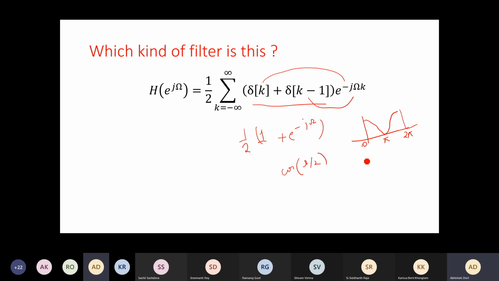Yeah. So at low frequency, the magnitude is high, and as frequency increases, it decreases. Okay, yes, I got it.